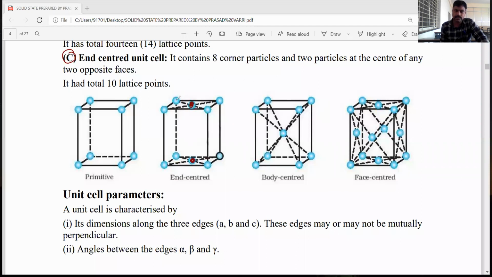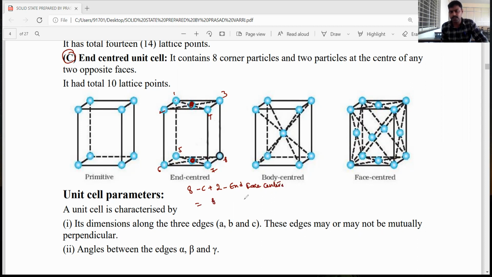Like these are the 8 corners, 1, 2, 3, 4, 5, 6, 7, 8. Total 8 corners are present and 2 end face centers. So 8 corners plus 2 atoms at end face centers.